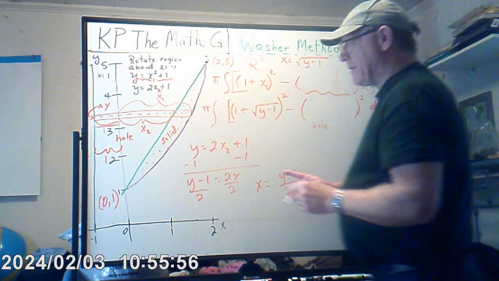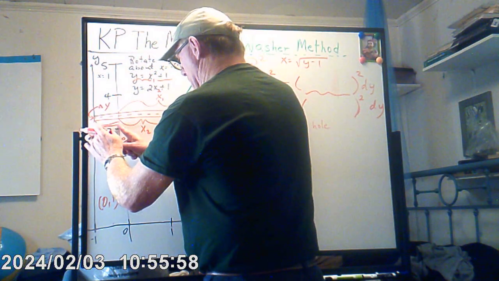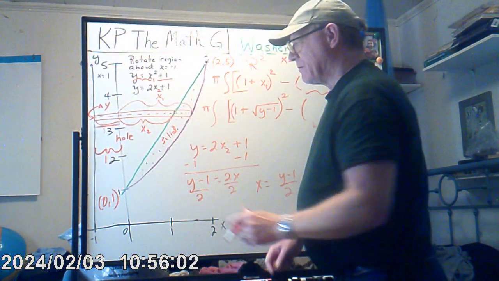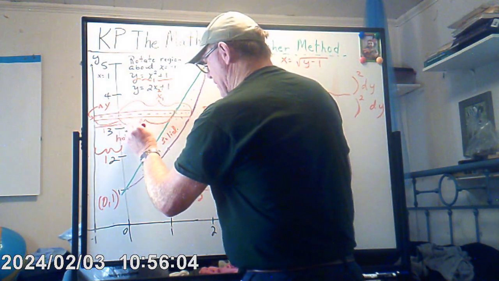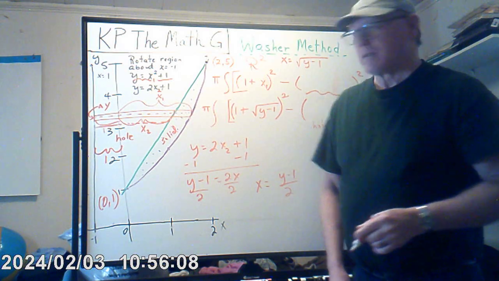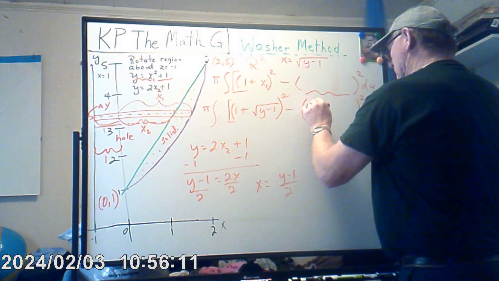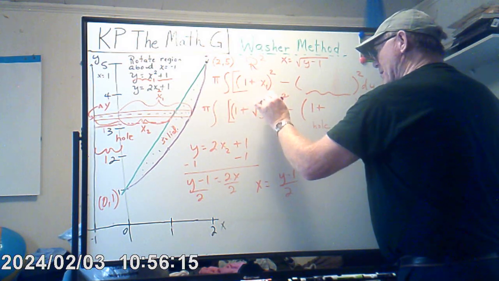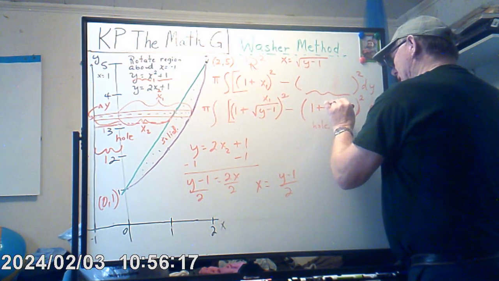Now, this is 1 plus x of 2, isn't it? 1 plus x of 2. Alright, so 1 plus, this was x of 1, this is x of 2.